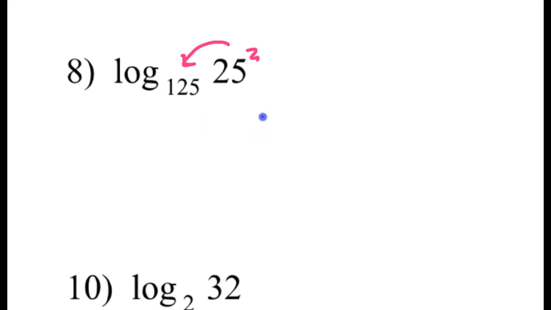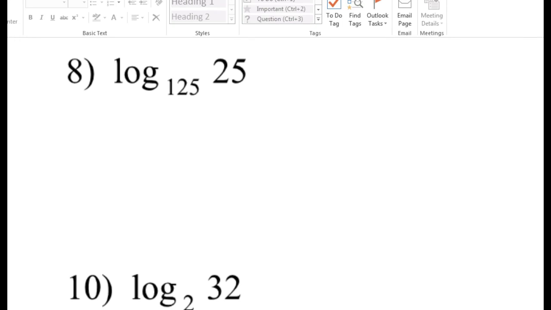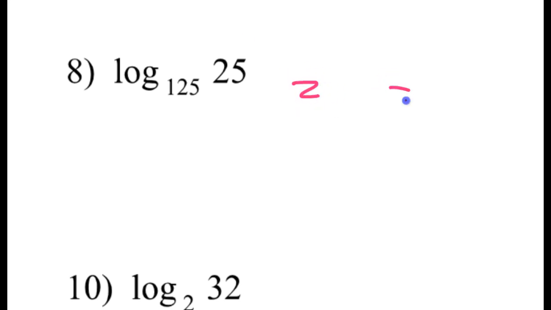So there's no simple thing like the square root or the cube root or the fourth root that's going to turn 125 into 25. Now that doesn't mean there's not an answer, it's just going to be a more complex answer than 2 or 3 or 4 or 1/2 or 1/3 or 1/4. It'll be more complicated than these.